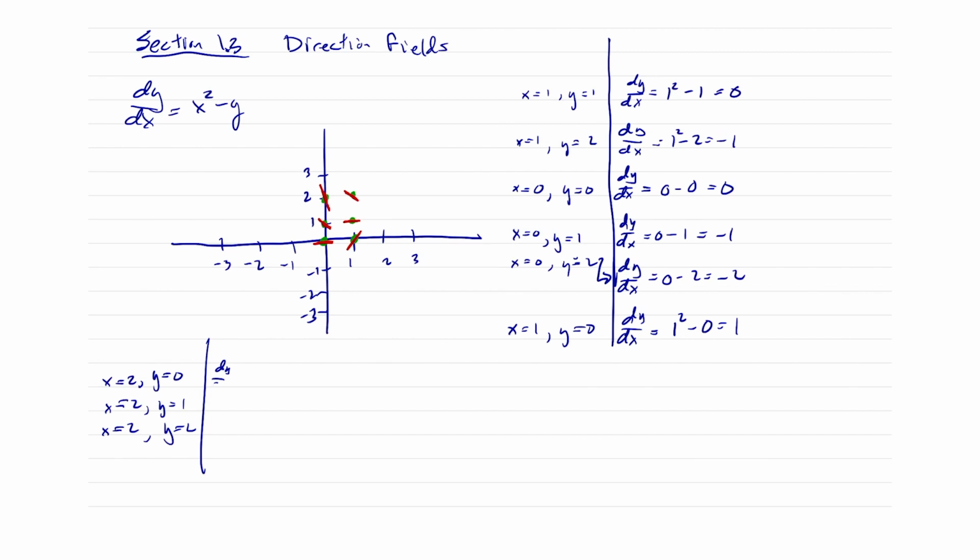So here we have dy/dx is equal to 2 squared minus 0, so that's 4. We have dy/dx equals 2 squared minus 1, and that's going to be 3. And we have dy/dx equals 2 squared minus 2, and that's going to be 2, right? And so that's corresponding to these points here and here.